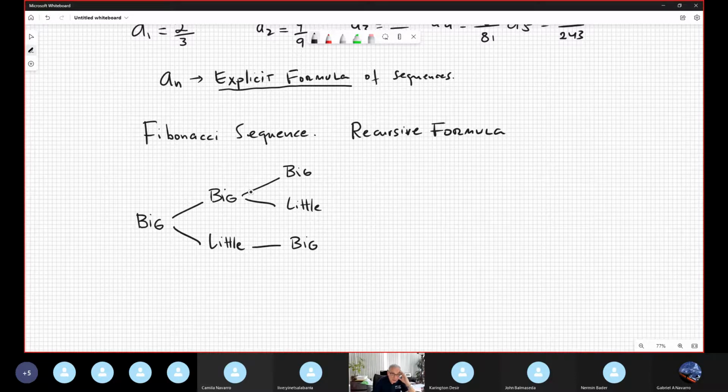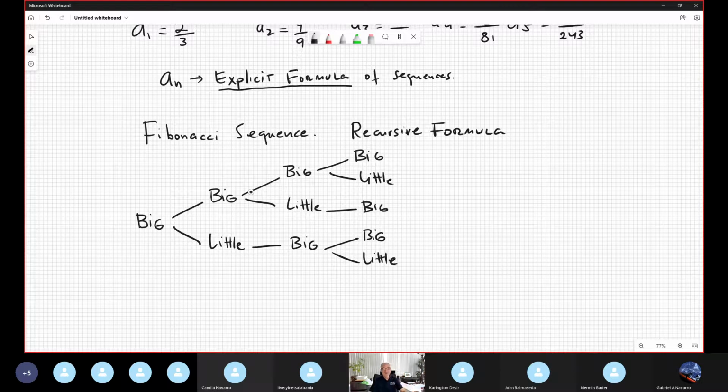Okay. And so, what is the next step? Well, the big is split into big and little. The little is converted to big, and the big is converted to big and little. Do you understand the idea for the sequence?